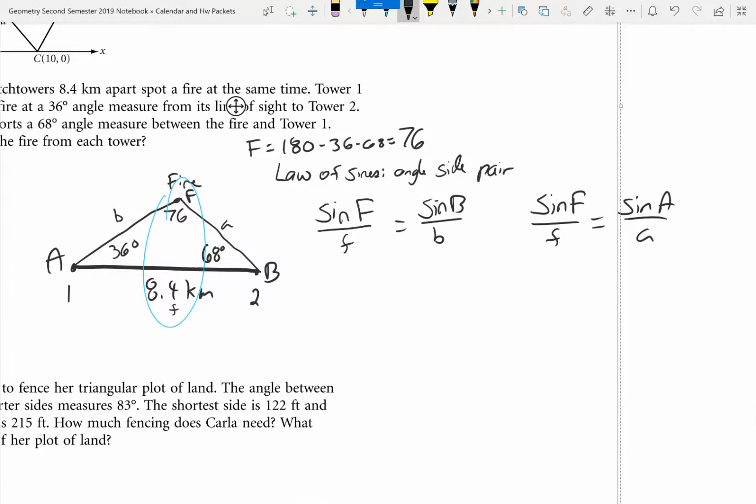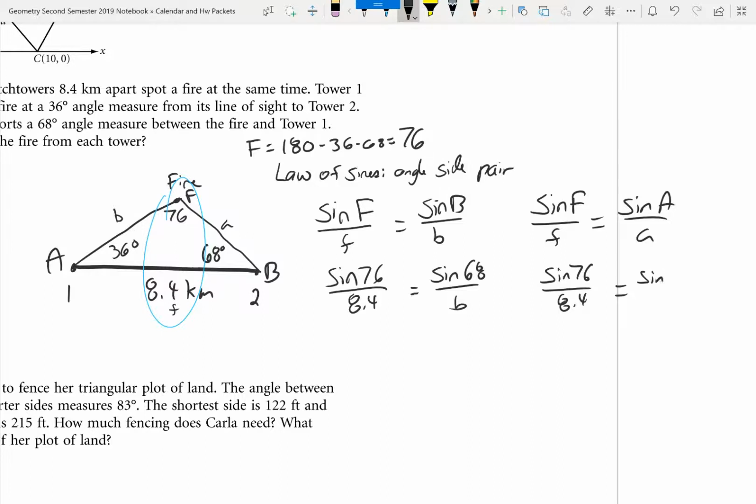And then just plug everything in. So that's sine 76 over 8.4 equals sine 68 over B. So sine 76 over 8.4 equals sine 36 over A. And again, B and A are on the bottom. So what I'm going to do is just flip both of these.